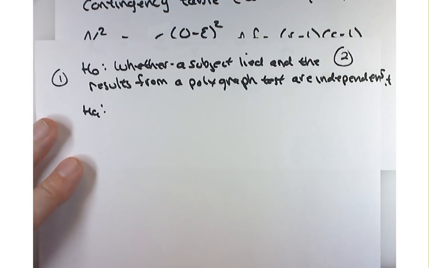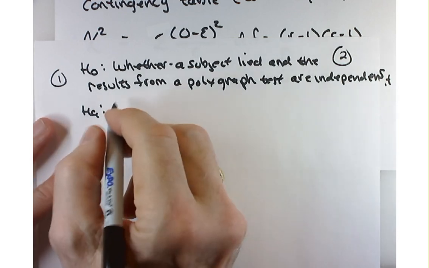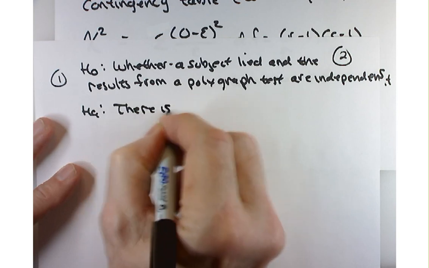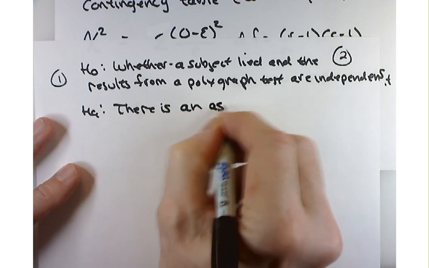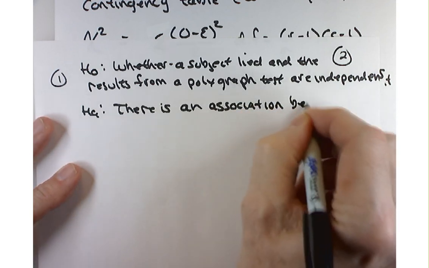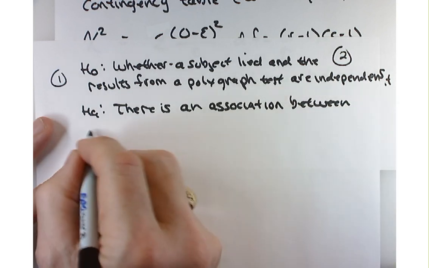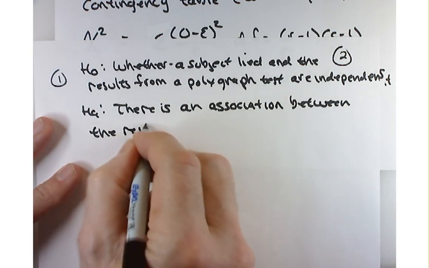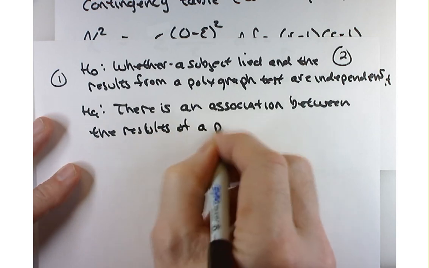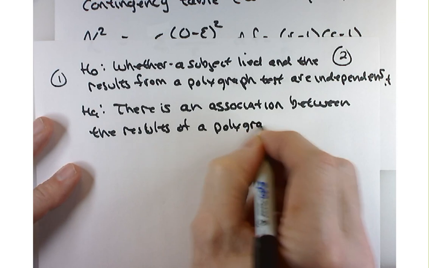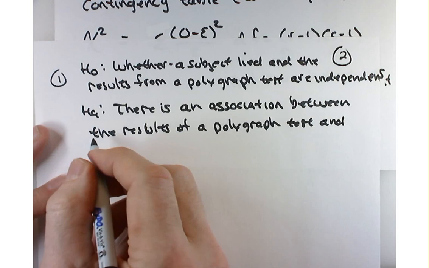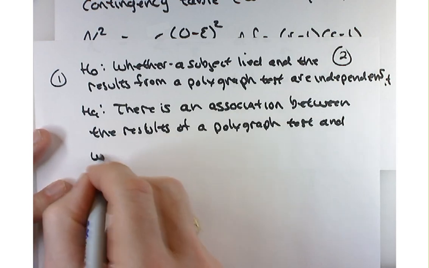Okay, cool. How about this next one? Well, here there is an association between the results of a polygraph test and whether the subject lied.